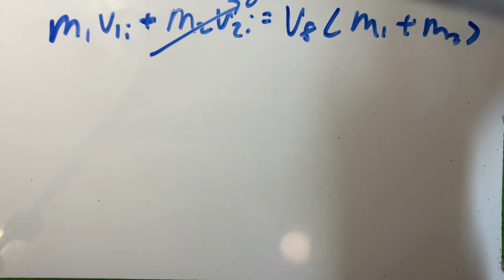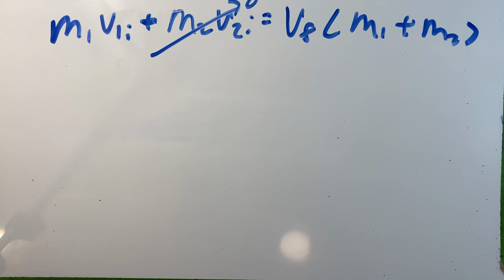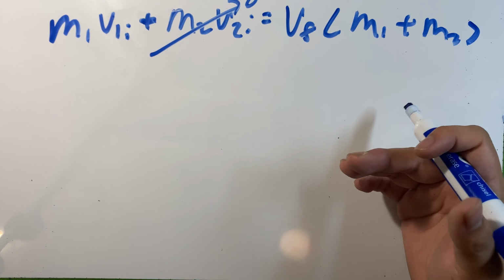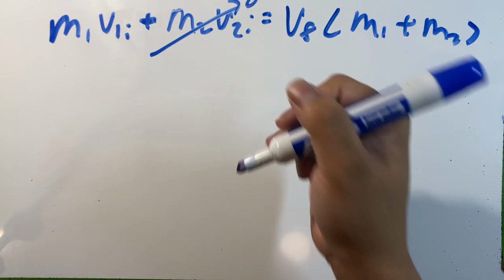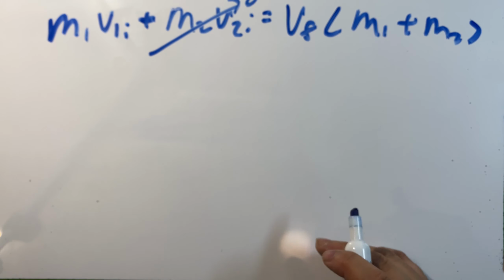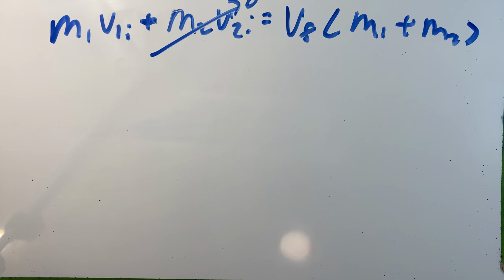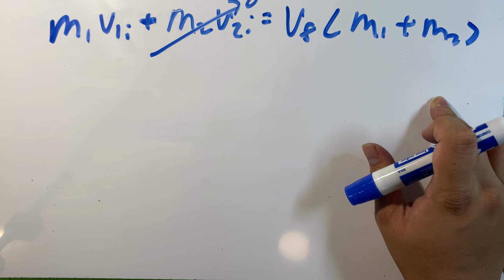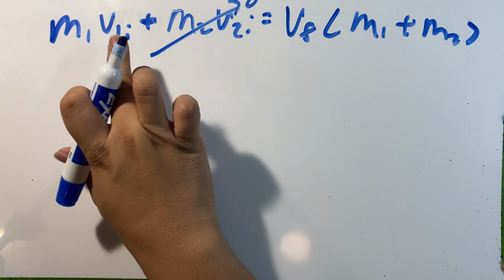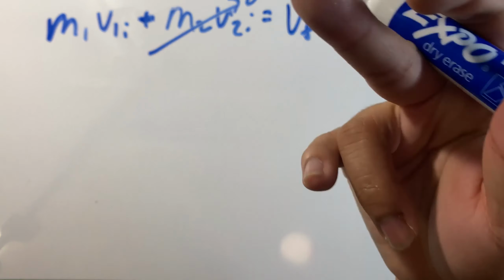First thing that pops into my head is going to be work, because work is the integral of F dotted with dr. Or we can just make it F times delta r. And that's going to be really useful in this situation because we have one unknown and one unknown, so 2 unknowns.